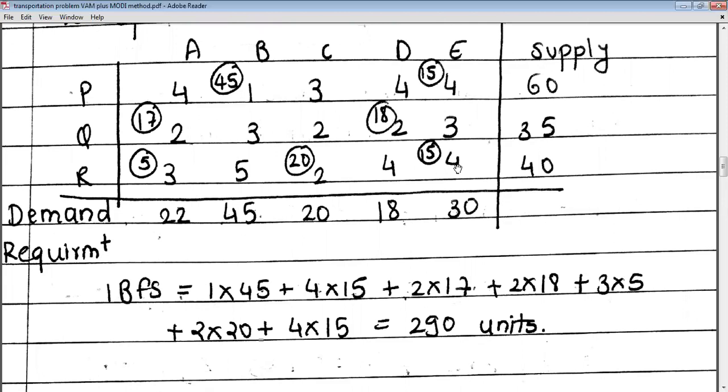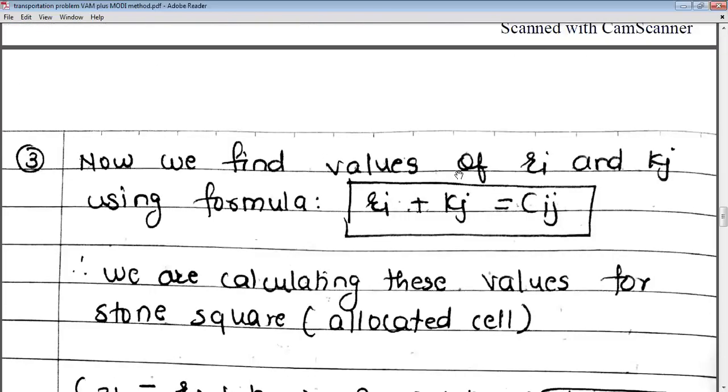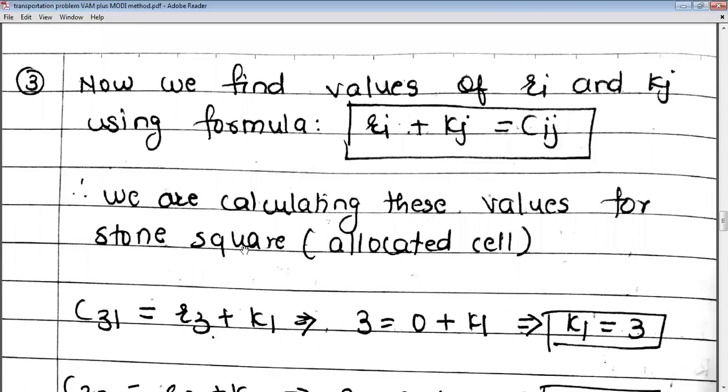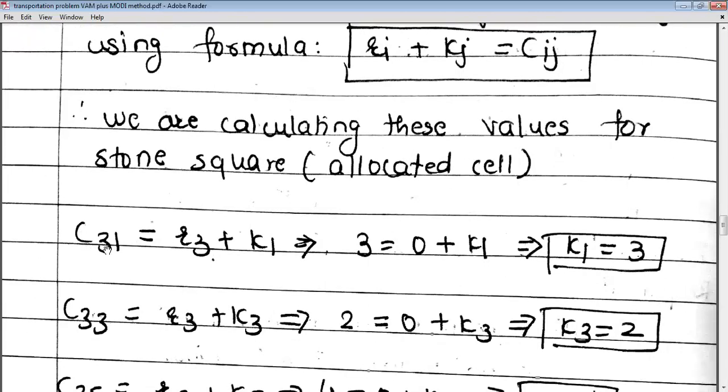Based on these stone squares, we calculate the values of Ri plus Kj, with the formula Ri plus Kj equals Cij, for the allocated cells. Since we are considering R3 equals 0, C31 is equal to R3 plus K1.